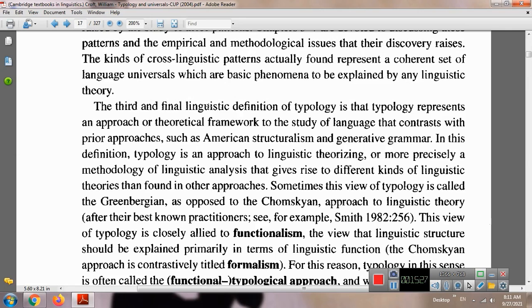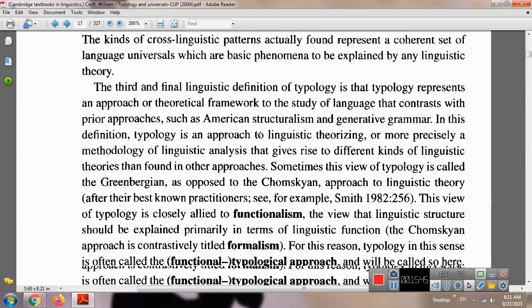Here we have the third and final linguistic definition of typology, which is, in this sense, typology represents an approach or theoretical framework to the study of language that contrasts with prior approaches, such as American structuralism and generative grammar.